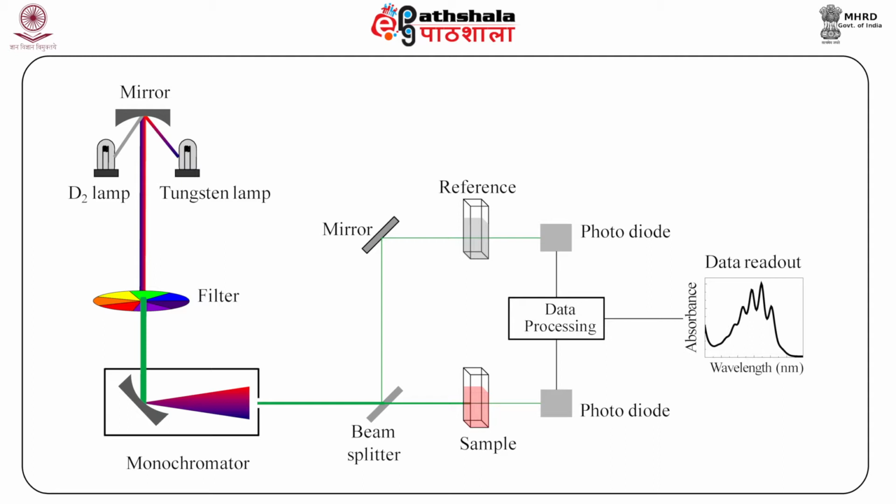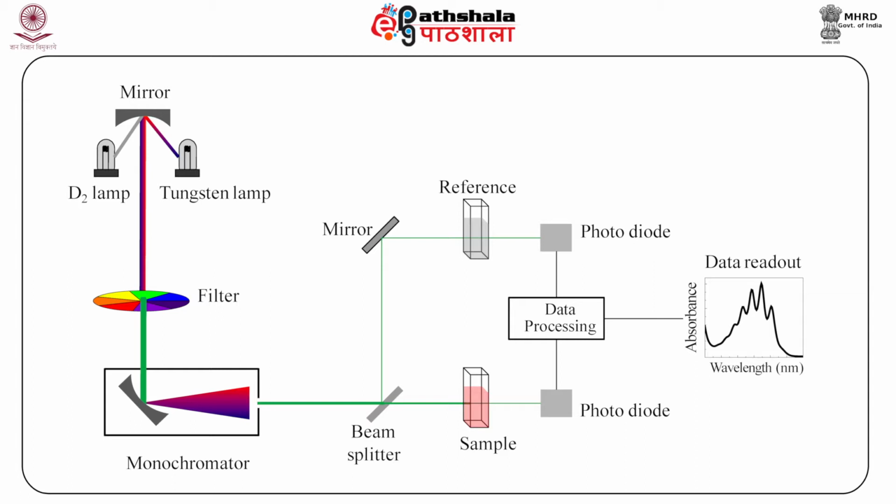The second beam of light is the reference beam that is passed through a transparent container having only the solvent. Electrical detectors measure the beam intensities, which are then compared. The intensity of the reference beam is referred to as I naught, that suffers slight or no light absorption.